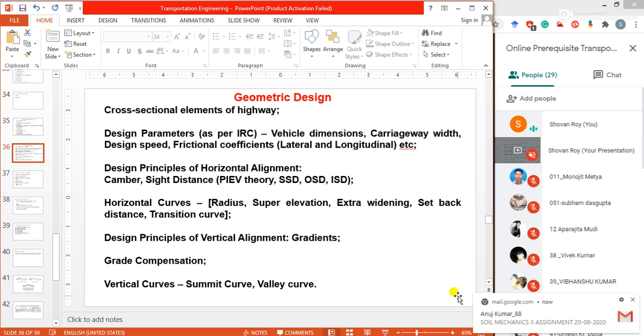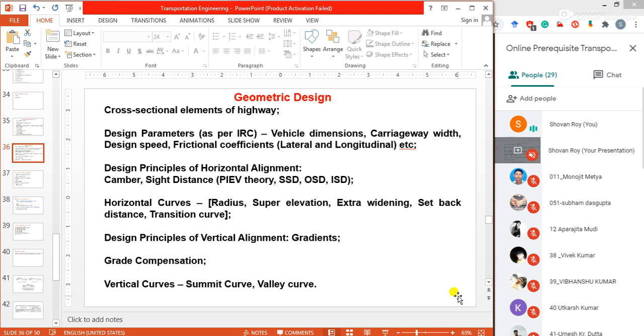It is possible to design and construct the pavement of a road in stages, but it is very expensive and rather difficult to improve the geometric elements of a road in stages at a later date. Therefore, it is important to plan and design the geometric features of the road during the initial alignment itself, taking into consideration the future growth of traffic flow and the possibility of the road being upgraded to a higher category, to a higher design speed standard at a later stage.